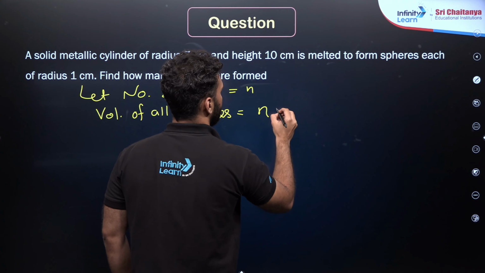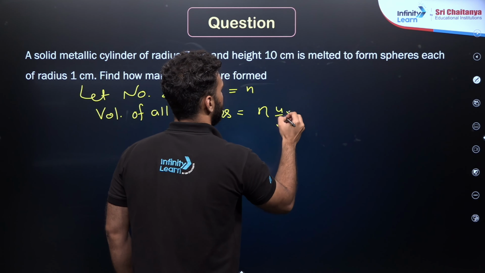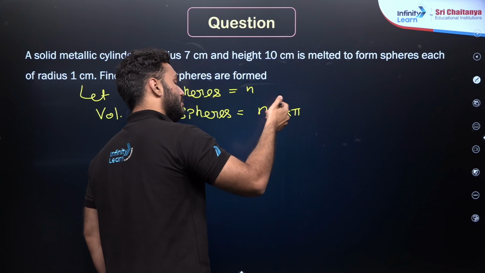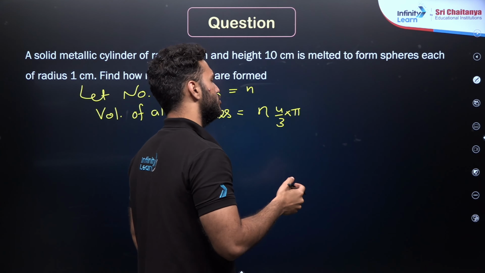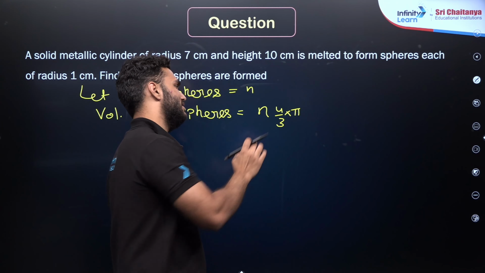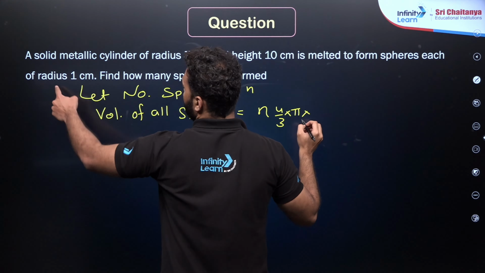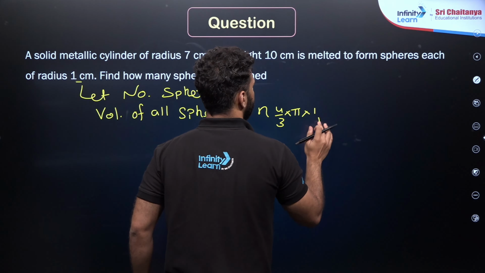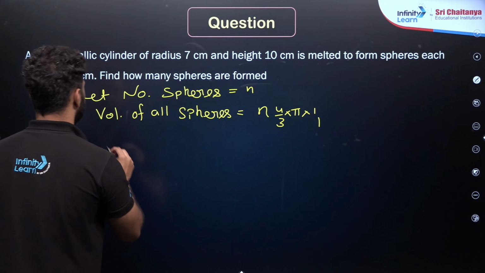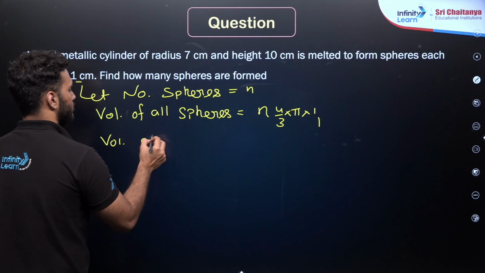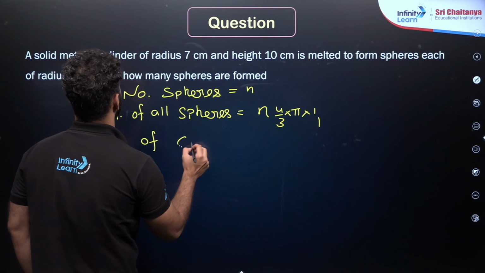Volume of one sphere is what? 4 upon 3 pi. Should we use pi 3.14 or 22 upon 7? Don't take the value of pi. Let's take it as the pi symbol, into r cube, which is 1.